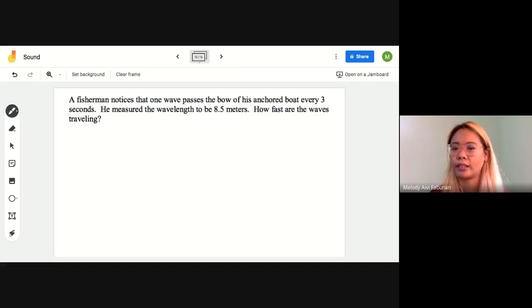Again, the problem is, a fisherman notices that one wave passes the bow of his anchored boat every 3 seconds. He measured the wavelength to be 8.5 meters.